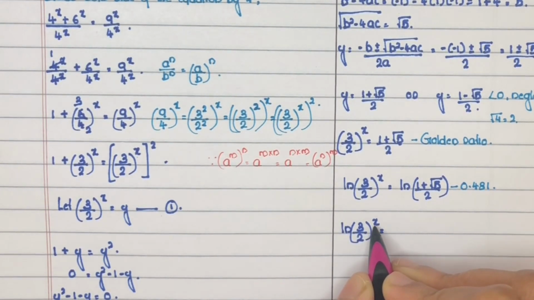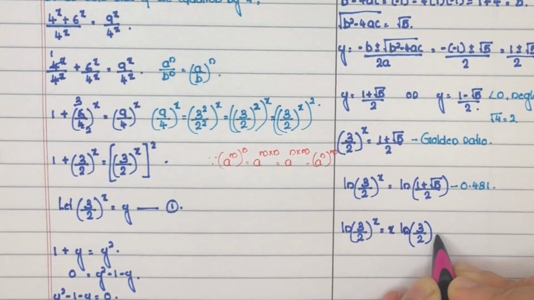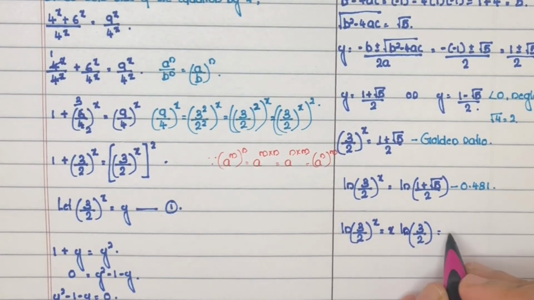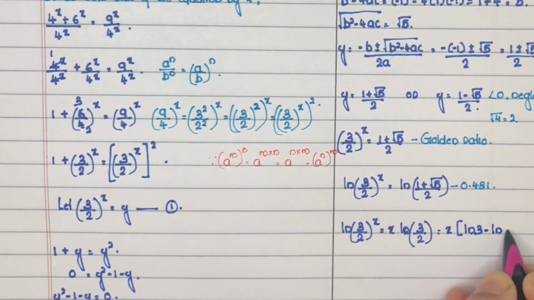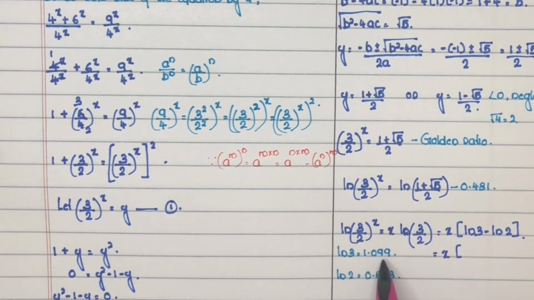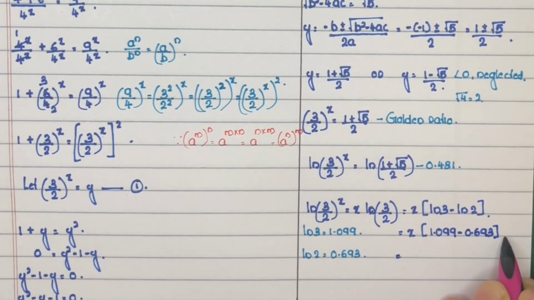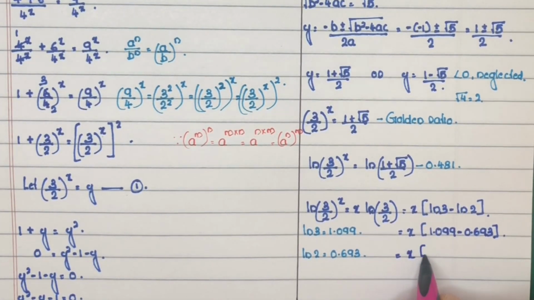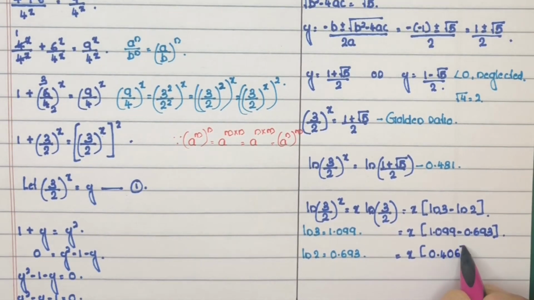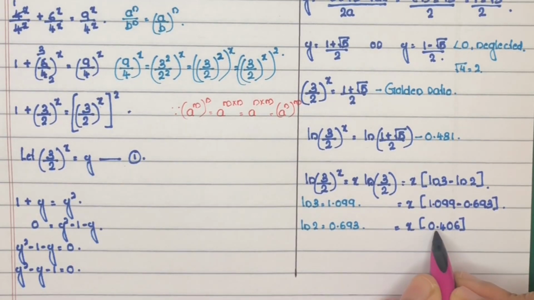By applying the power rule, here power is x. x into log 3 by 2 equal to, next apply the quotient rule, x into log 3 minus log 2, equal to x into log 3 is 1.099 minus log 2, 0.693, equal to x into 0.406. That is, log of 3 by 2 whole raised to x is x into 0.406.